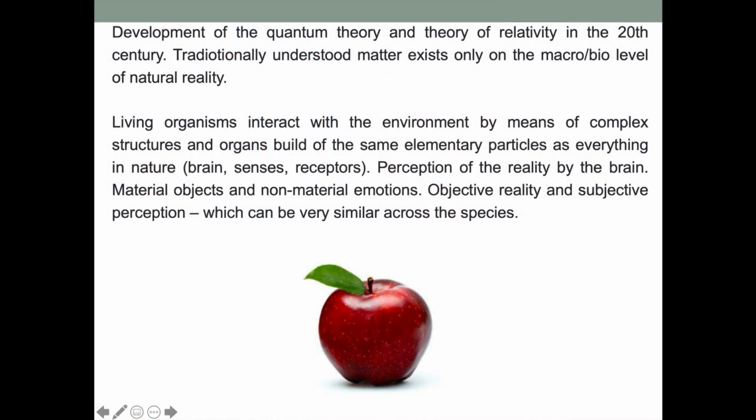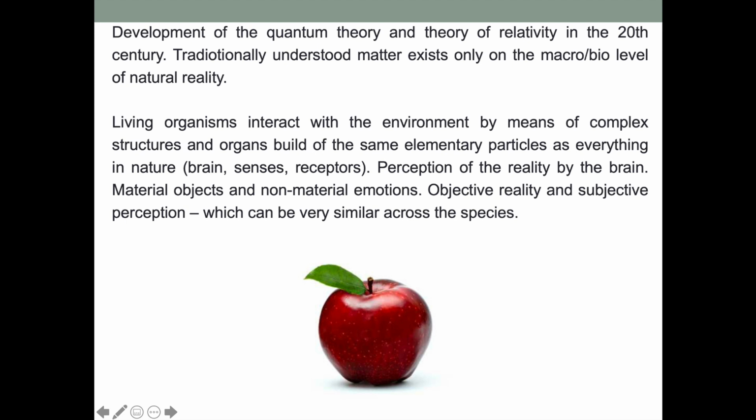The perception of reality happens through the brain, so through material things. Material objects are one side of this perception. Non-material emotions are another side of the perception. So what we have is two types of reality: objective reality and subjective perception of the reality, which usually are quite similar across the species.